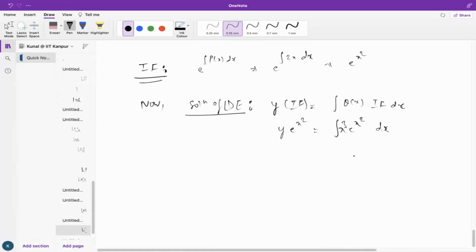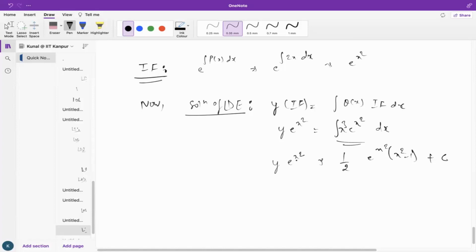This is a direct integration; if we assume e to the power x square as something, it will be solvable. So its integration will be 1 by 2 e to the power x square into (x square minus 1) plus some constant is equal to y into e to the power x square.